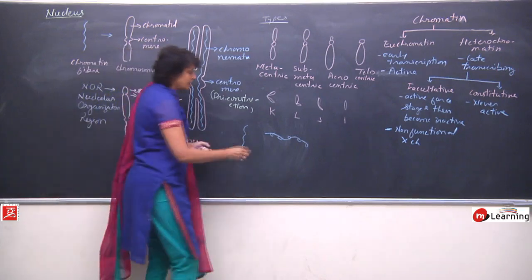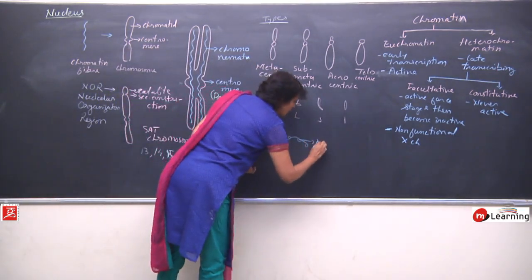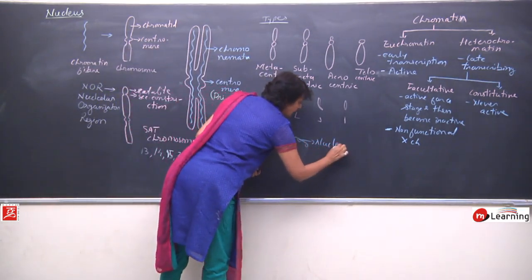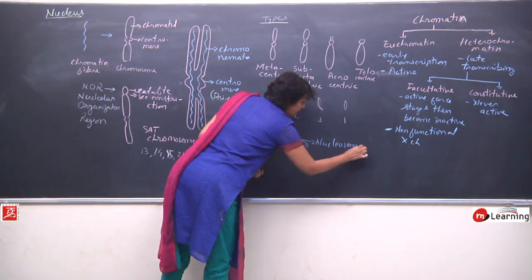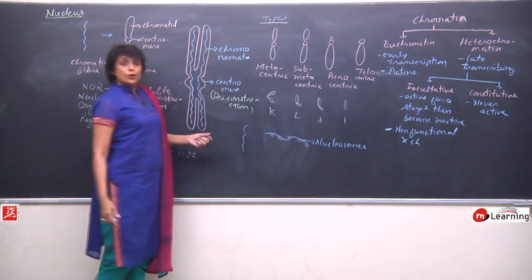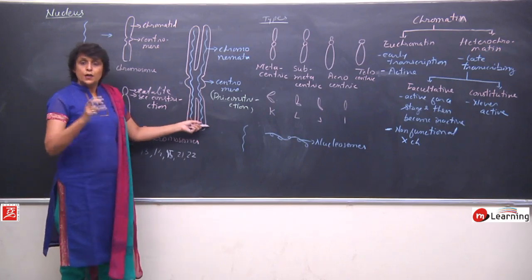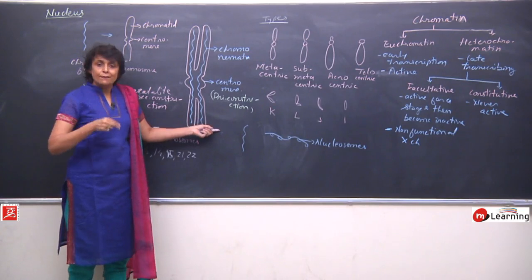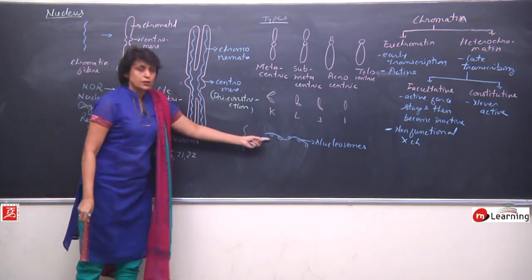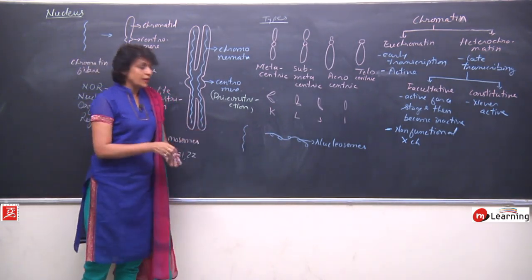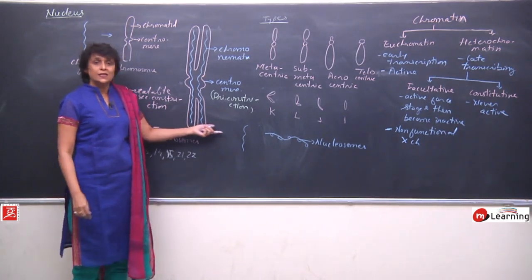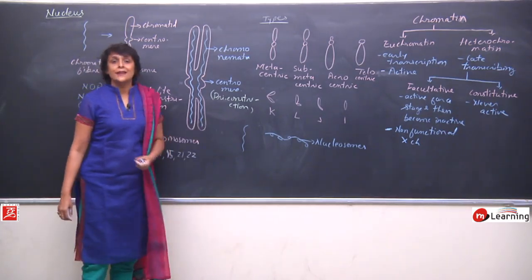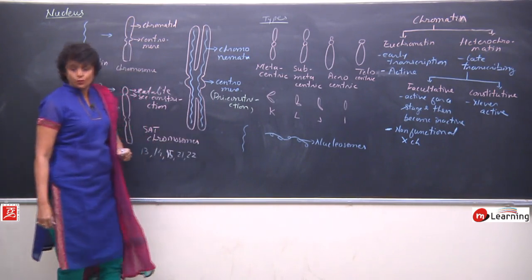These circular things are actually nucleosomes. Nucleosomes are made up of histone proteins and DNA wrapped around them. So, let us talk about the nucleosome structure and see how these histone proteins and DNA are wrapped around to form this nucleosome.